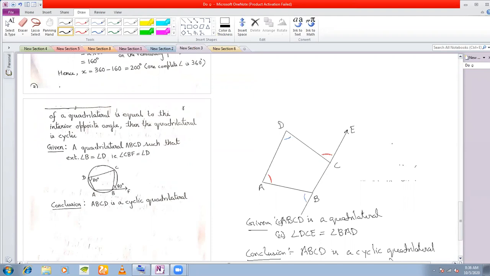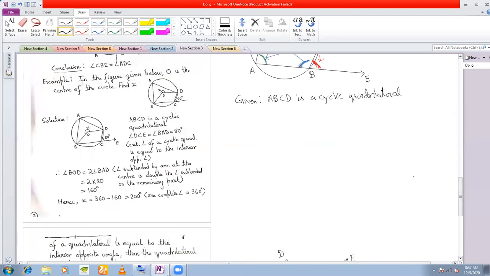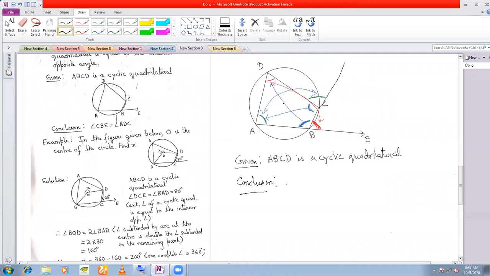So again, in the actual theorem, it is given to you that ABCD is a cyclic quadrilateral, and you concluded here, what was your conclusion? Your conclusion was that angle CBE, the red angle, is equal to angle ADC.